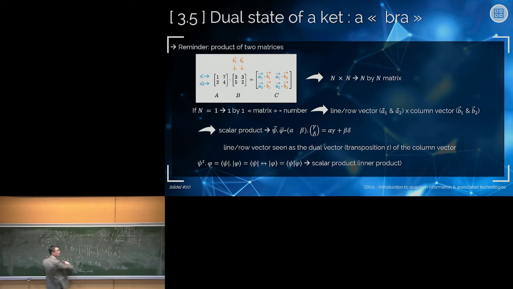I flip over the column vector to the line vector. So that means that this actually should be defined in terms of qubits as this notation. So left-hand side different than right-hand side.